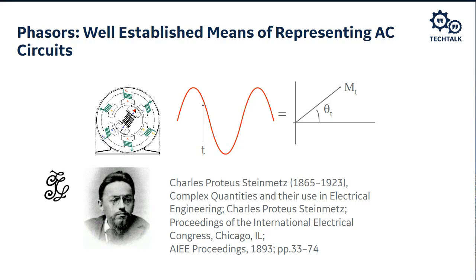The problem is that if I have a voltage that's a sinusoidal waveform, and I need to apply that voltage through a resistance, or even worse, an impedance that has some reactance that would shift the current flowing from that voltage, I need a way to do that mathematics.